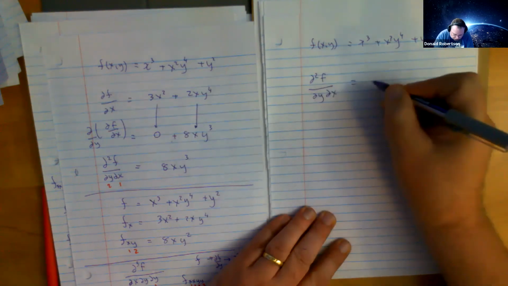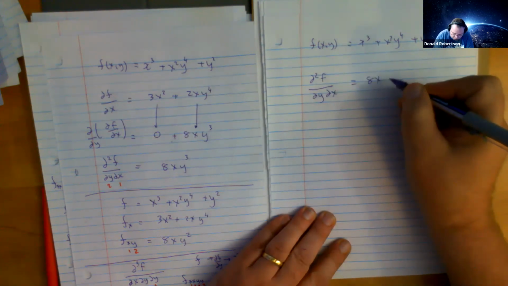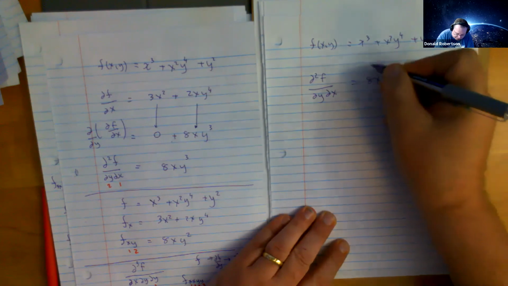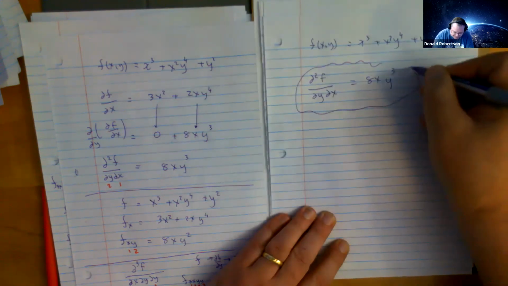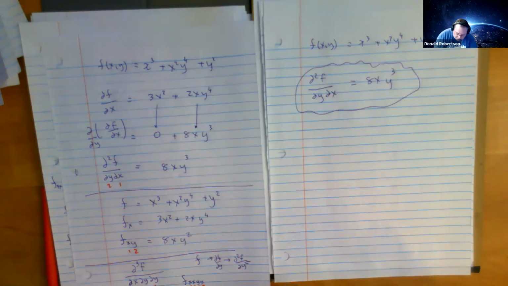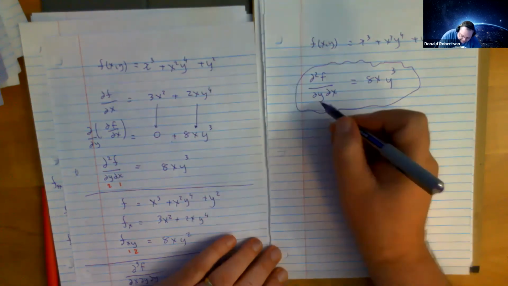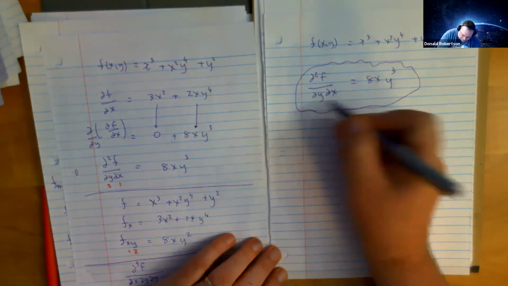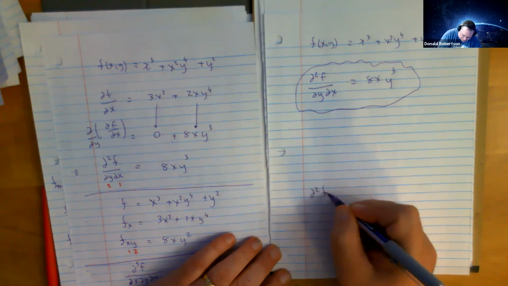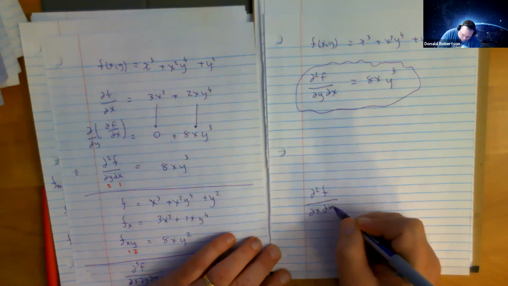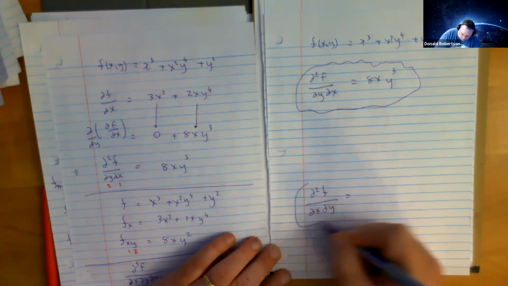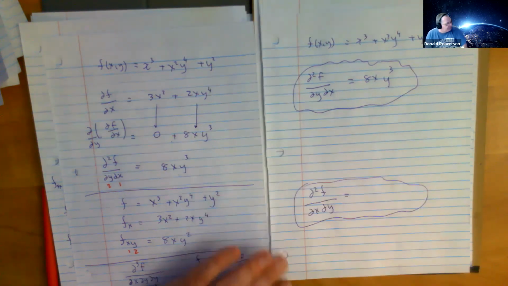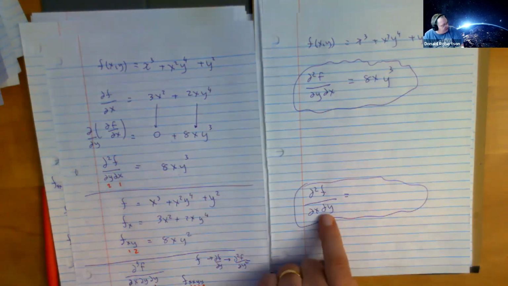And he was equal to 8x y cubed, right? Let's find the other version. Let's do this guy.